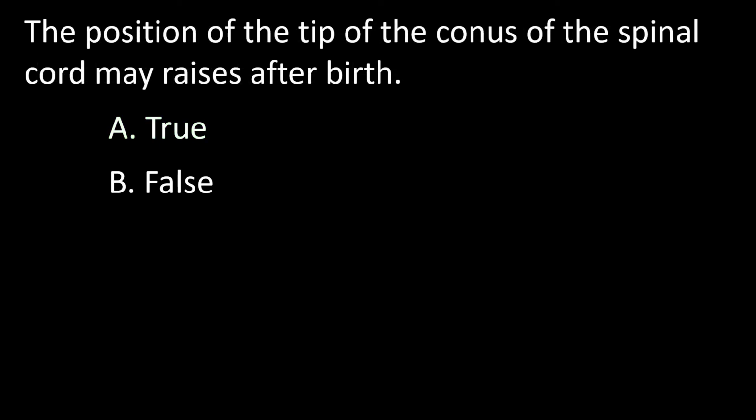Next question. The position of the tip of the conus of the spinal cord may rise after birth. A true, B false. As we have previously mentioned, the tip of the conus in an adult is either at the top half of the second lumbar vertebra or at the bottom half of the first lumbar vertebra. This position is represented in this frame.